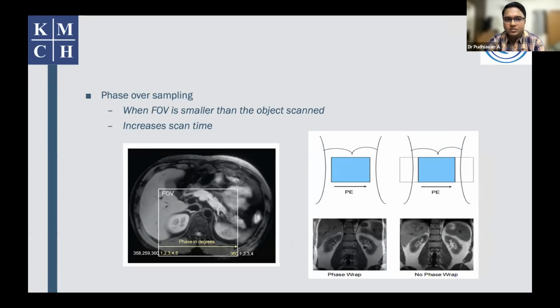Coming to phase oversampling, this is another parameter that we often encounter on our machine. Phase oversampling is done when we use a smaller FOV than the object that is scanned.